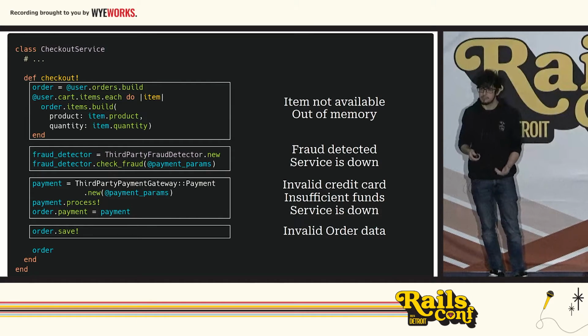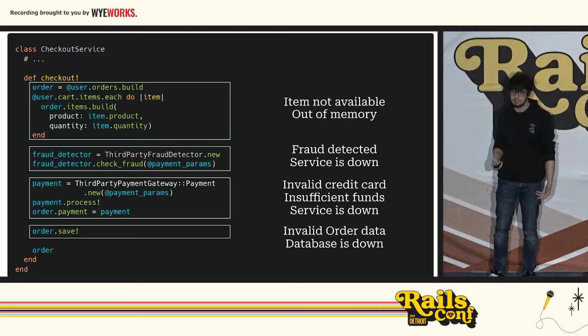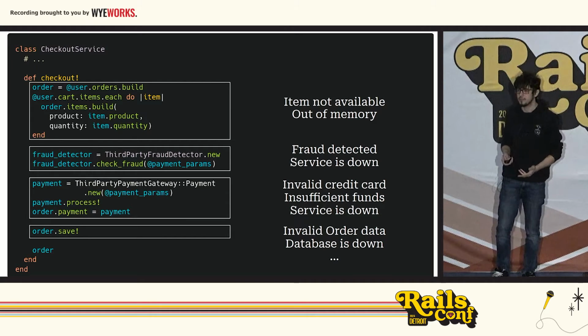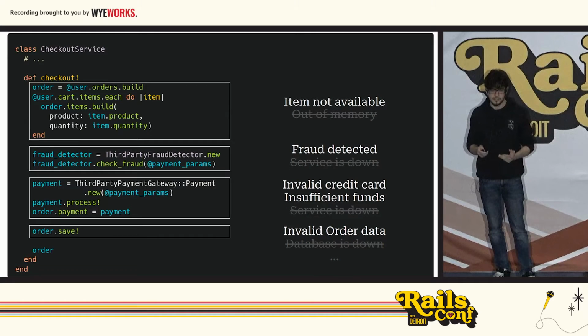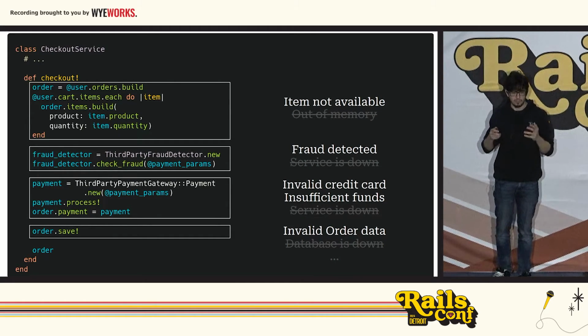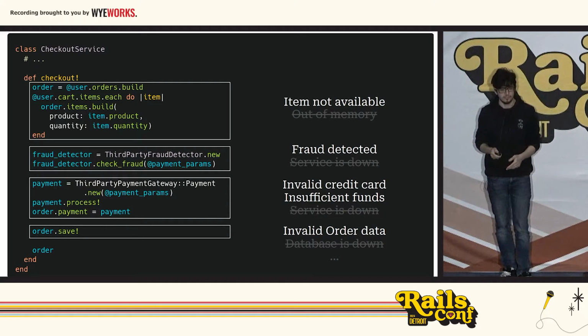Or maybe when we try to save the order, the order might be invalid, or even the database is down. Of course, there are a lot of other cases, but as we talked before, we don't want to try to handle scenarios that we can't do anything about. So let's just focus on all the business scenarios that might fail in this checkout service.